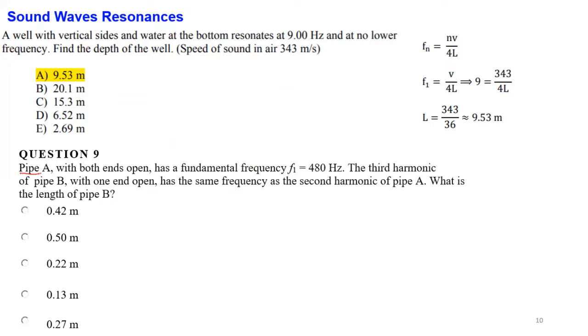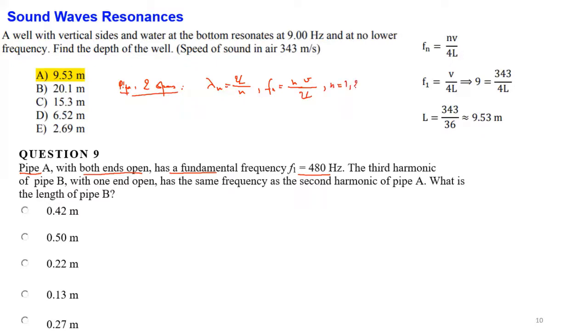So I give you pipe A with both ends open, and I give you the fundamental, F1. Okay, I have one pipe, two open ends. So you know that the resonance wavelengths are just 2L divided by N. The resonance frequencies are NV divided by 2L. But here N is any integer.